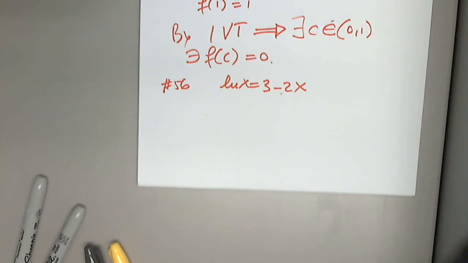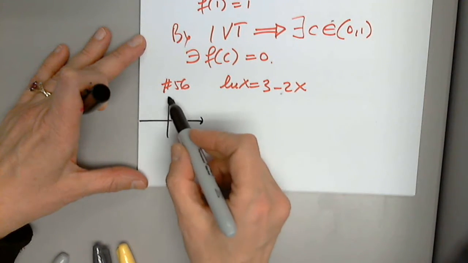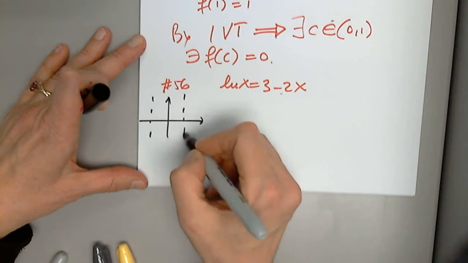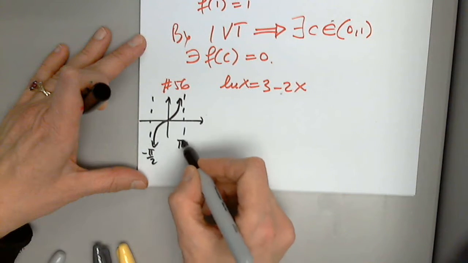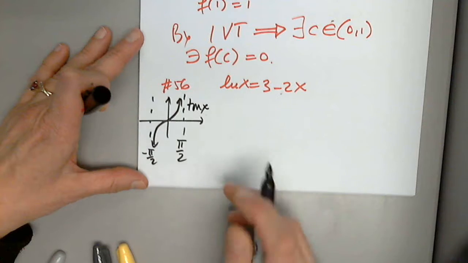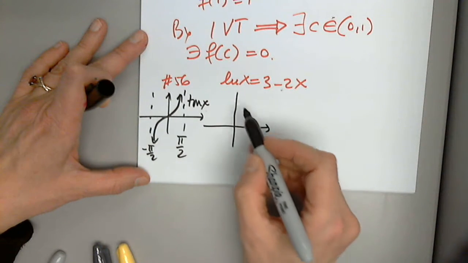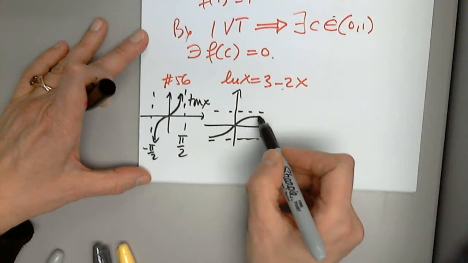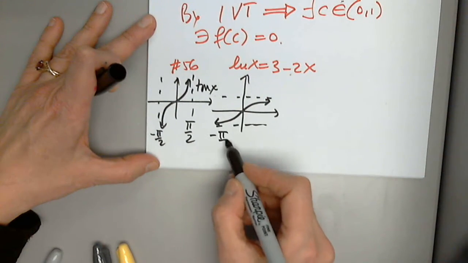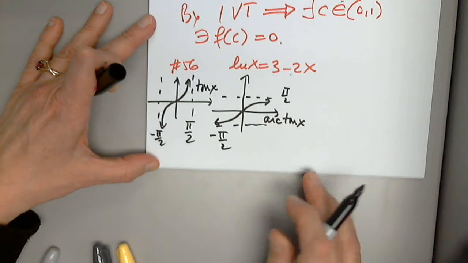You can say enough of this, I got them, but I would like to graph them one more time. So here's tangent between -pi/2 and pi/2, tangent x. The second function is the inverse of this function, still between -pi/2 and pi/2, arc tangent x.